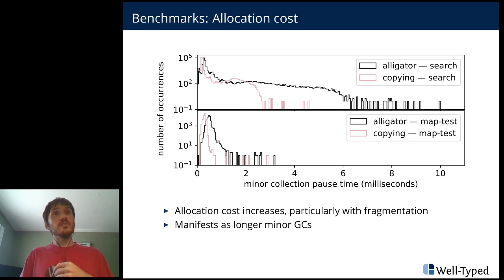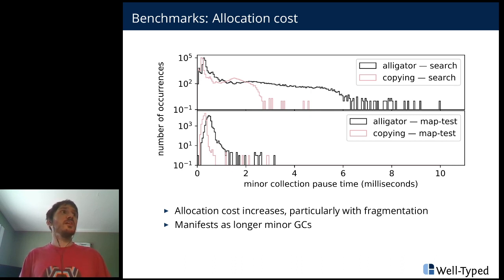However, the free list allocator that the non-moving heap uses is a bit more expensive. And we see that manifested in minor collection pause times, since the minor collector relies on the free list allocator during evacuation when using the non-moving collector.